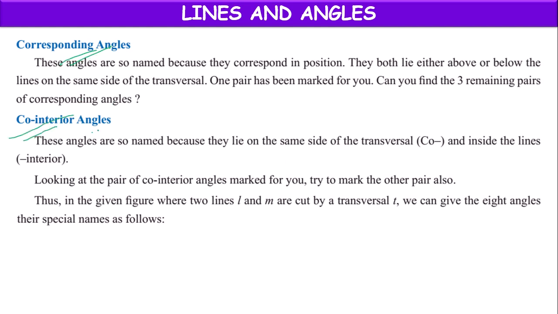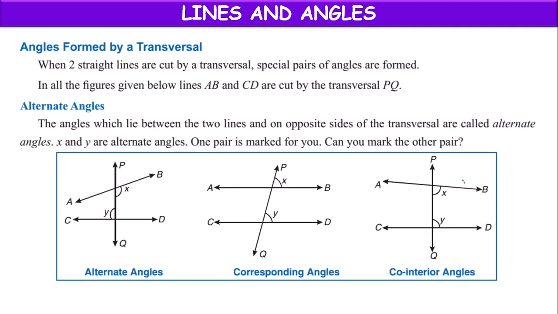Next, we have co-interior angles. Co-interior angles means they lie in the interior part of the transversal, and on the same side of the transversal. So here X, Y, same side of the transversal, like this.